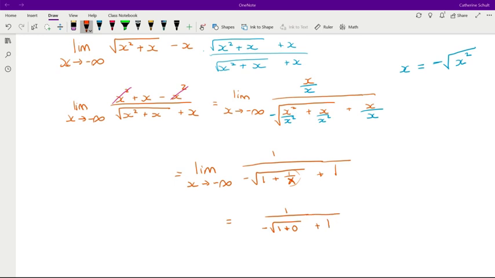All right, and now this time in the bottom, we're going to have negative 1 plus 1, which is 0. Okay, and so that's going to take us to infinity. It's going to be either positive or negative infinity. We'll see based on our graph. But as x goes to negative infinity, our function's just also going to go to negative or positive infinity.